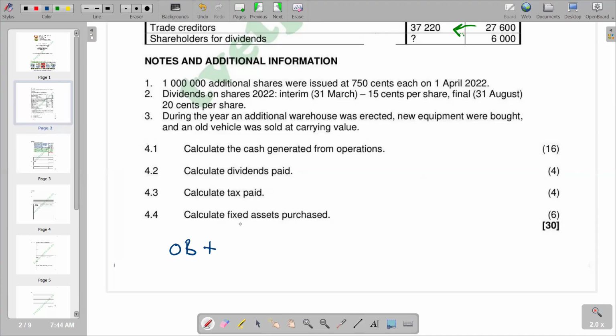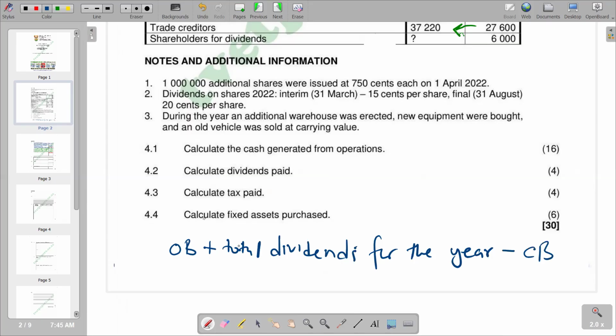So the total dividends for the year are supposed to be added, and then we subtract our closing balance. The opening balance and closing balance are the balances of shareholders for dividends.